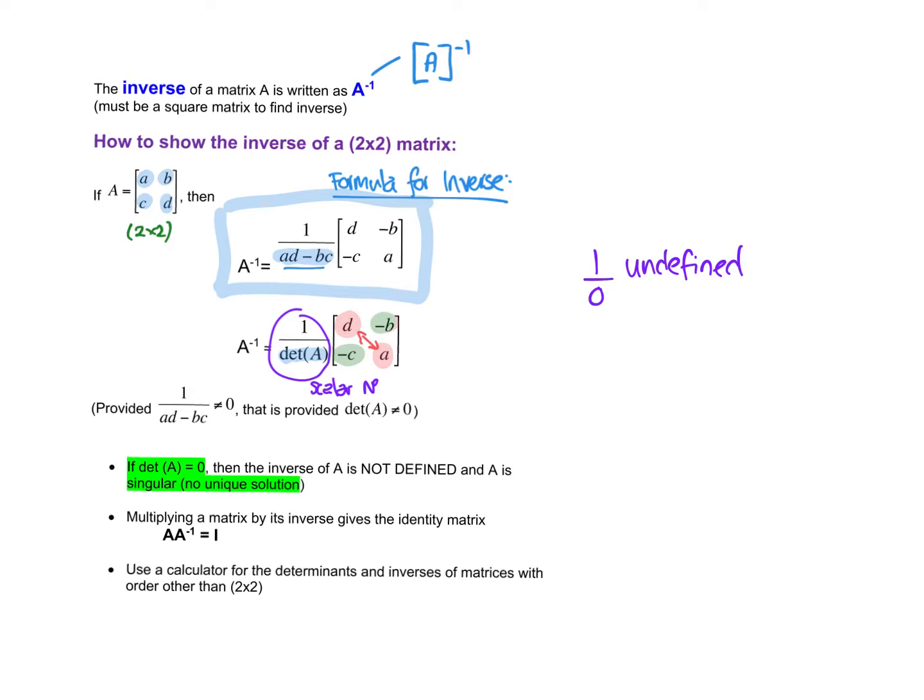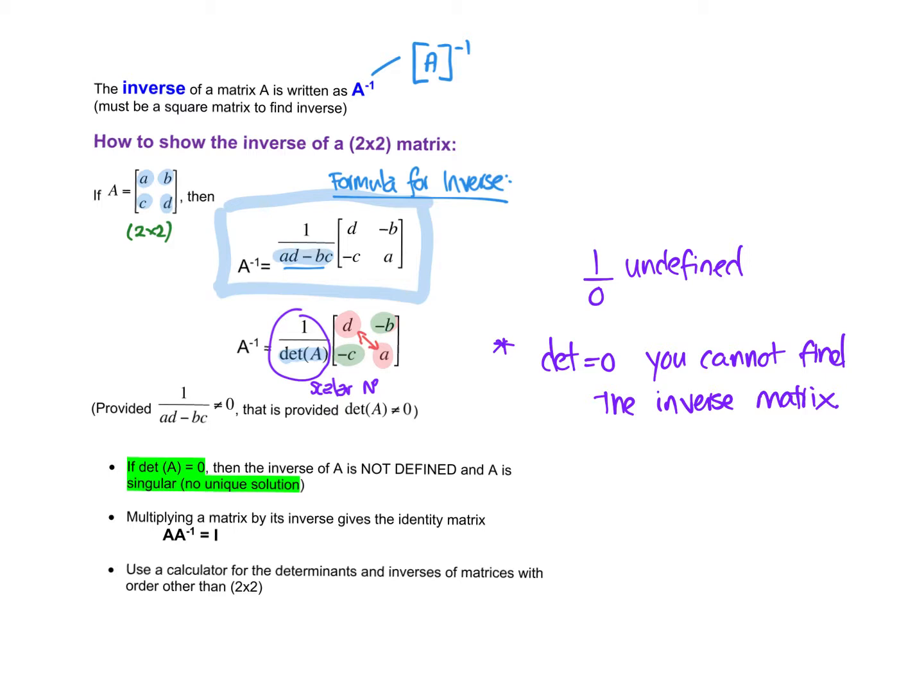So if you get a determinant of 0, you cannot find the inverse. It's impossible. So you might write that as a little note: if the determinant equals 0, you cannot find the inverse matrix. Sometimes that can save us a lot of time of calculating. We just work out the determinant and if it's 0, we can't find the inverse.